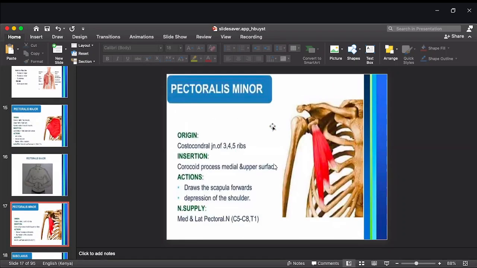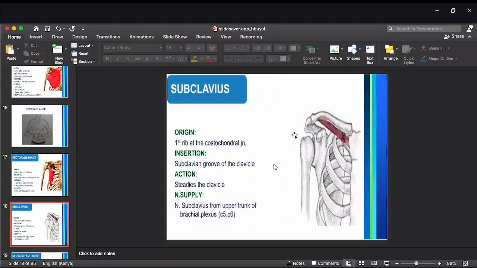That normally goes from ribs 2, 3, and 4, or other times in some cases, ribs 3, 4, 5, inserting onto the coracoid process. Subclavius muscle is a tiny muscle originating from the first rib at the costochondral junction, inserting into the subclavian groove of the clavicle. Nerve supply C5, C6.